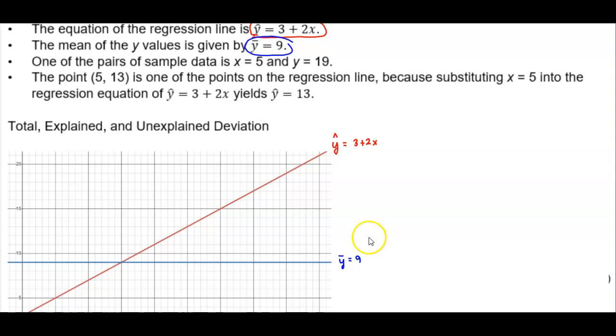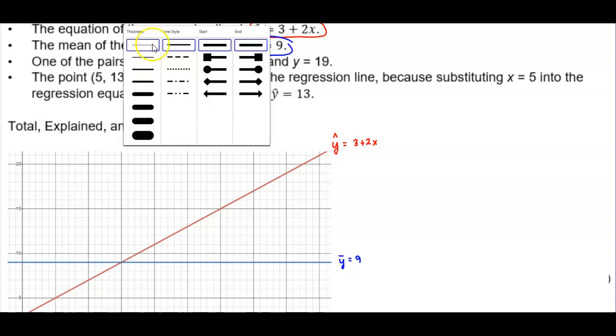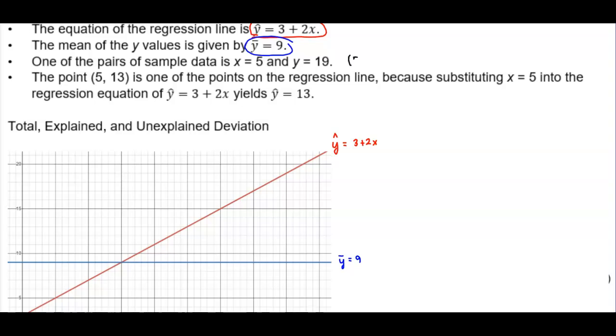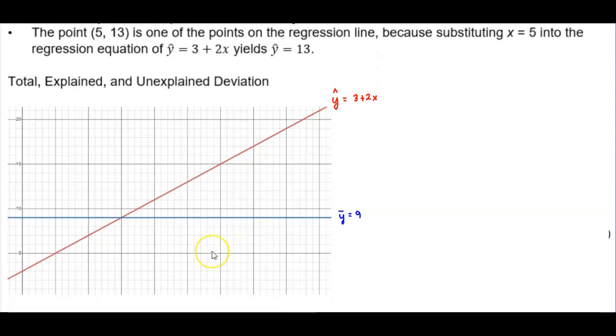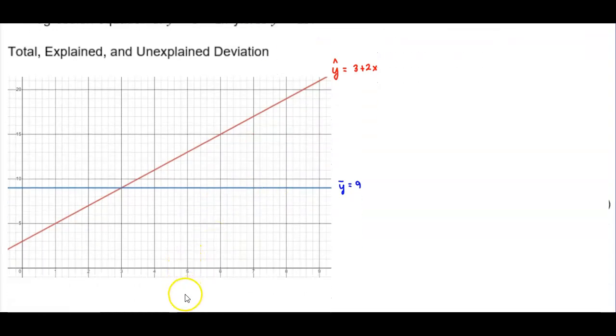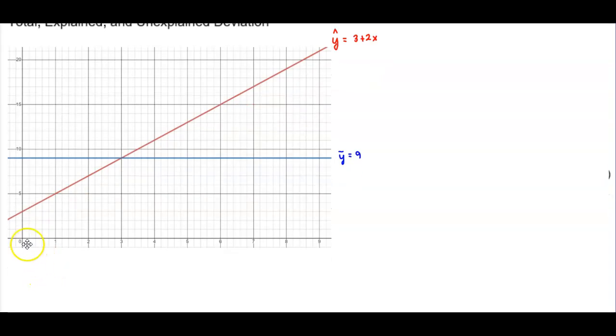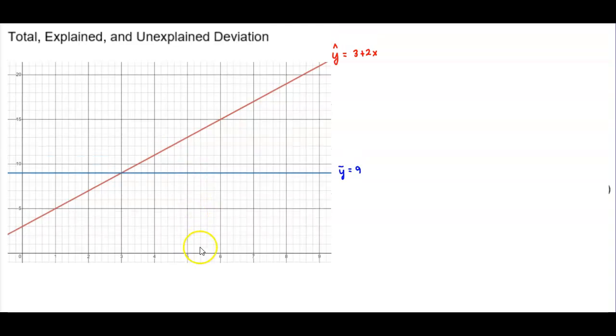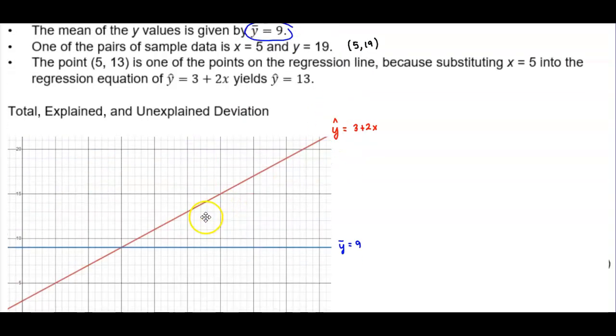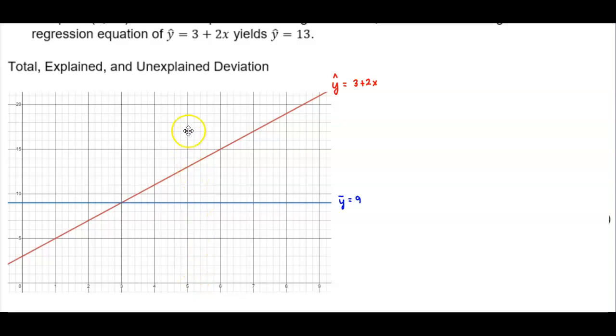So now we want to come back up here. It says one of the pairs of the sample data is where x is 5 and y is 19. So we're going to plot that on the graph. Here's 5, and we're going to go all the way up to 19.